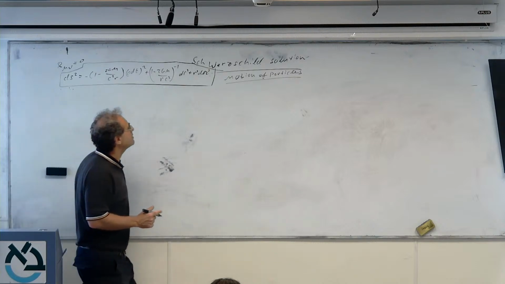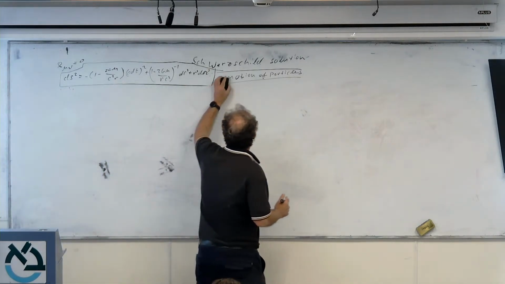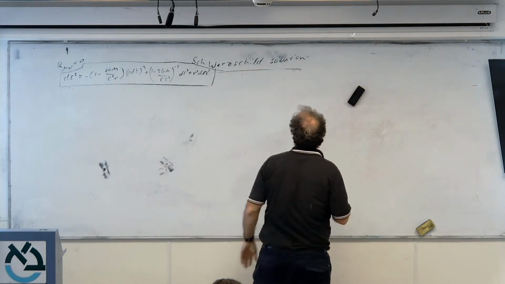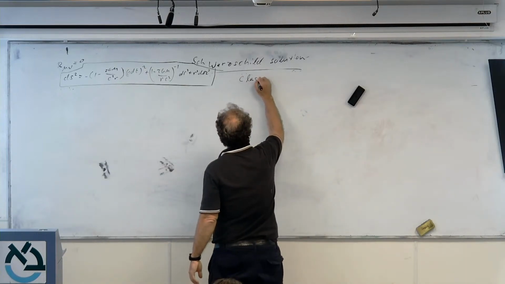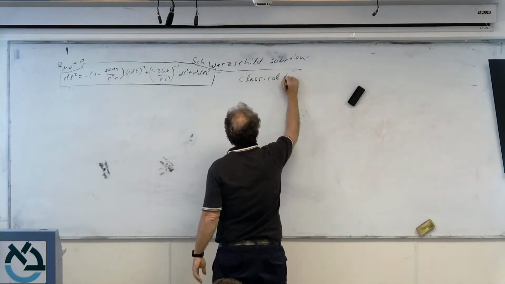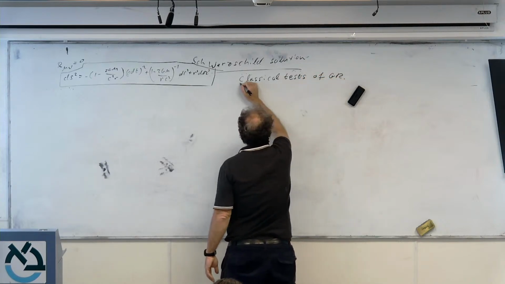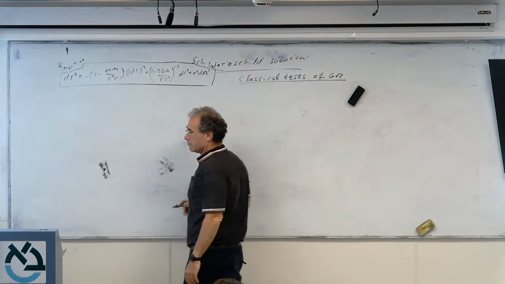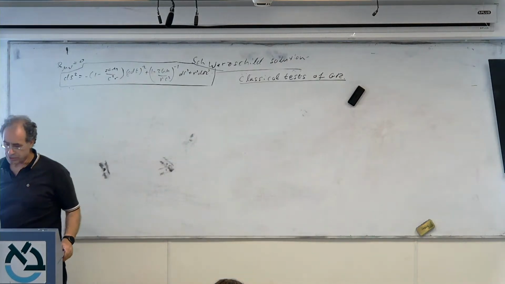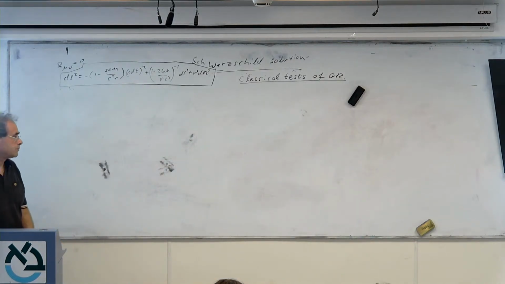There are what's called the classical tests of GR, and some which are less classical. That's what we're going to do now. Tests of GR. In fact, all the tests of GR, well, nearly all of them.